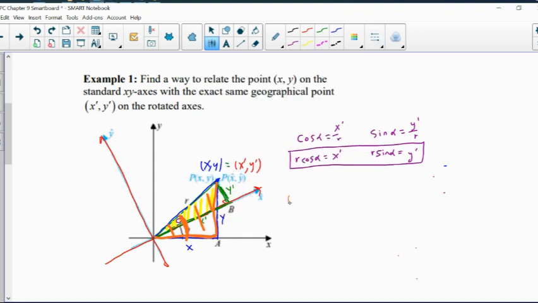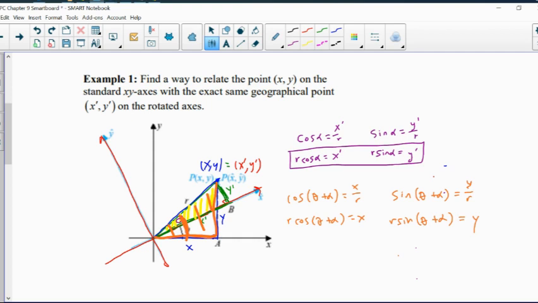Cosine of the quantity theta plus alpha, but now I'm in the normal x over r, which means r cosine of theta plus alpha is equal to x. And we can do a similar expression: sine of theta plus alpha equals y over r, so r sine of theta plus alpha is equal to y.